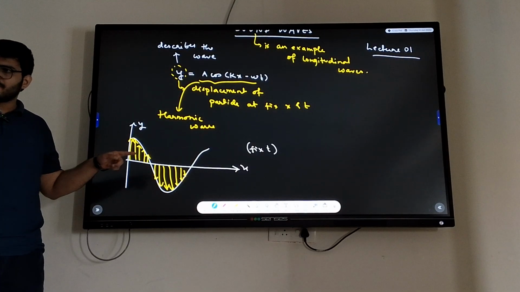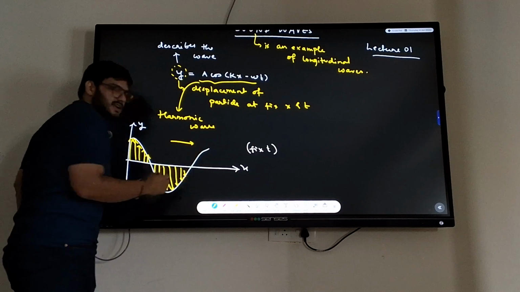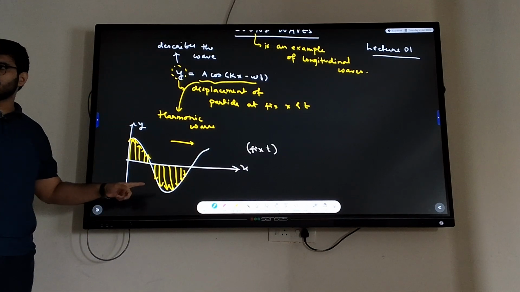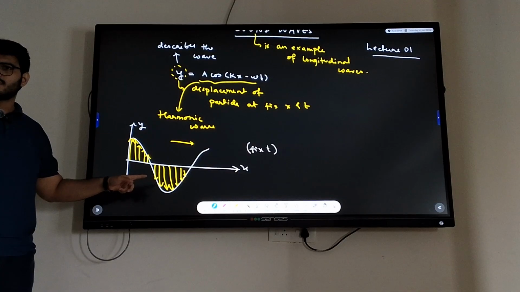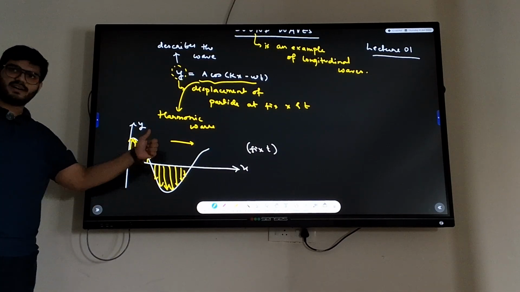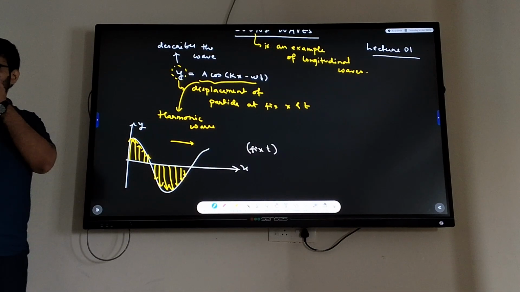Where is my wave moving, by the way? In the positive x direction. Where is my particle oscillation? Perpendicular to it. So what kind of wave? Transverse. Your particle is oscillating perpendicular to the wave motion. It's a transverse wave.